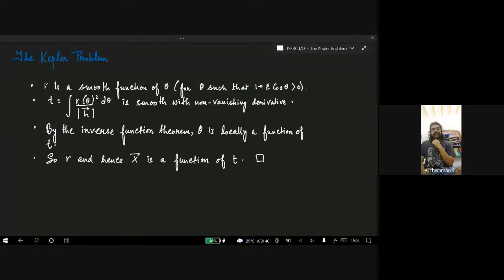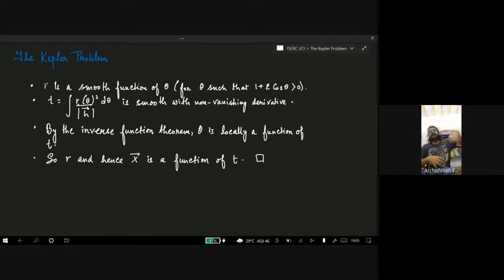And as someone mentioned, you can figure all of this out using the Laplace-Runge-Lenz vector. Goldstein's book has the entire proof of what the actual formulas for theta and r will be. If you do that, you find that these theta and r satisfy Newton's equation. Once you express theta as a function of time, you can express r as a function of time, and therefore x as a function of time.